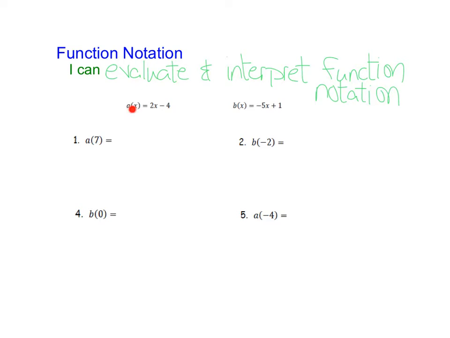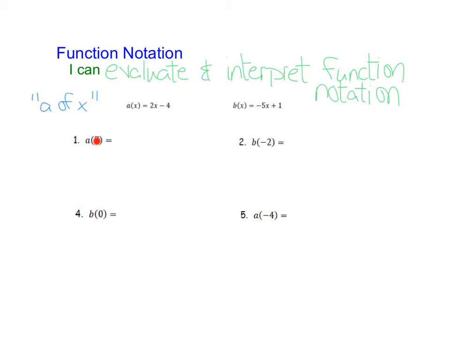This is a of x. You read that a of x. That's a function a of x. So a of x equals 2x minus 4. It looks like multiplication, but it's not. Context is important. Anytime something's written like this, your brain will begin to recognize that as function notation.